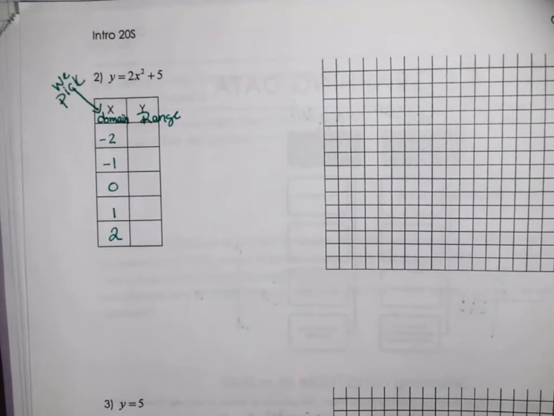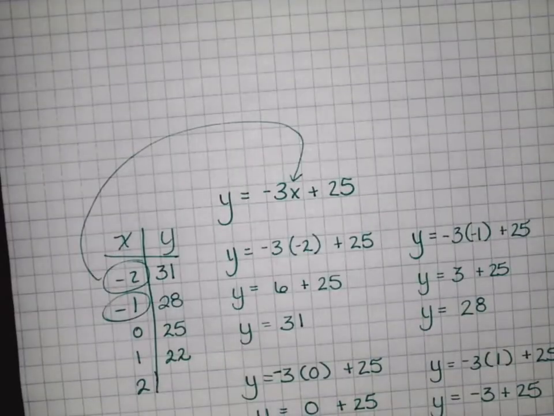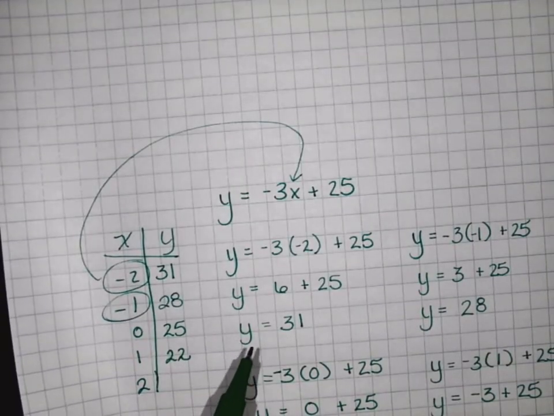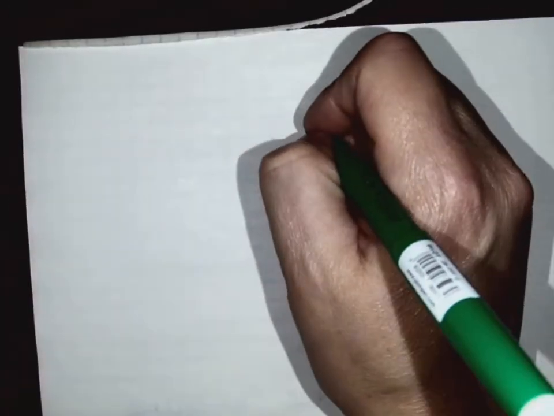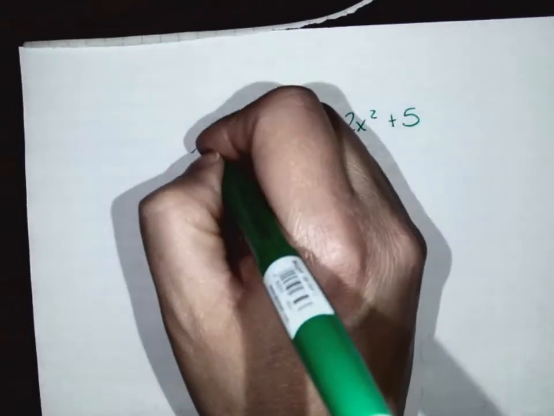Okay, this is exciting. Order of operations. I'm going to go off to my scrap paper for a second. So my formula or my equation was y equals 2x squared plus 5.